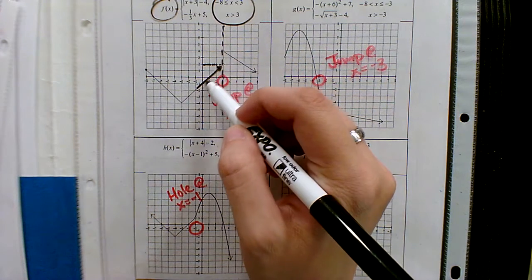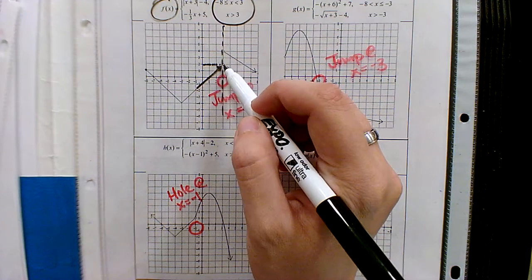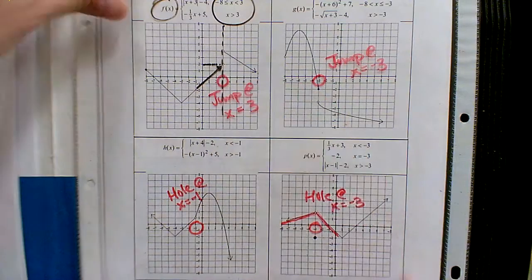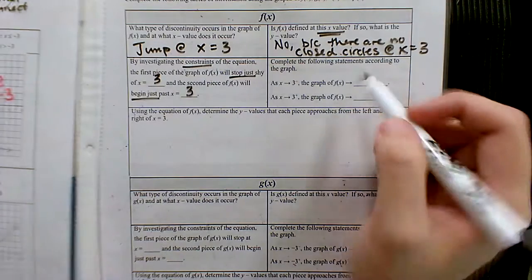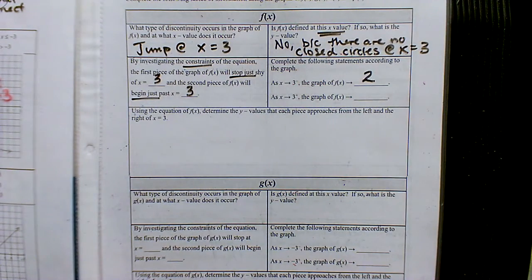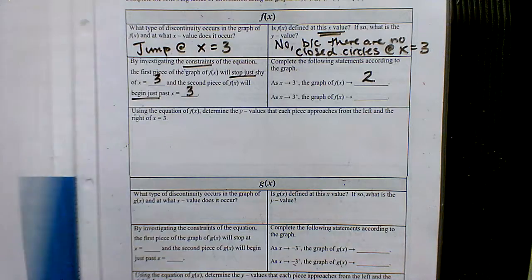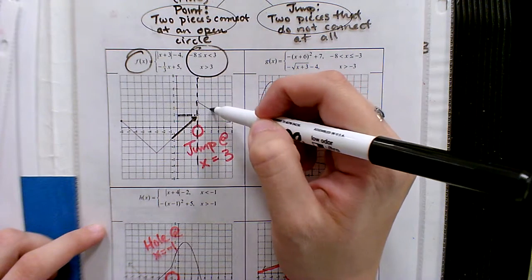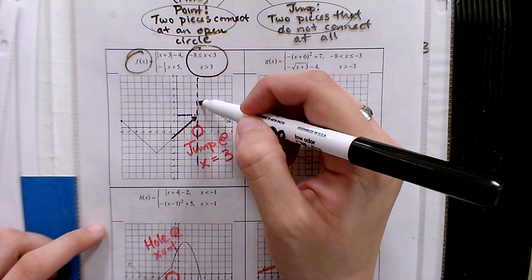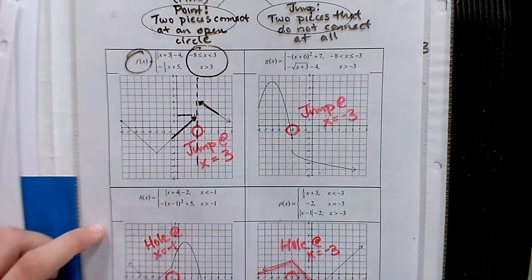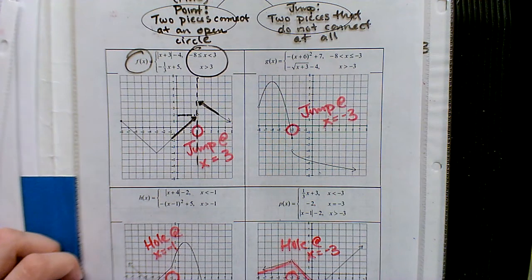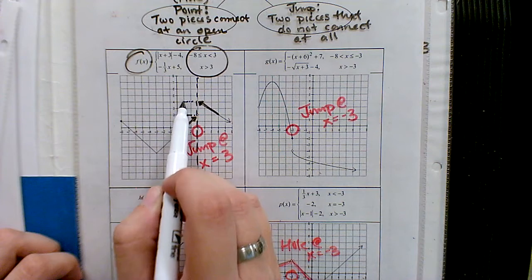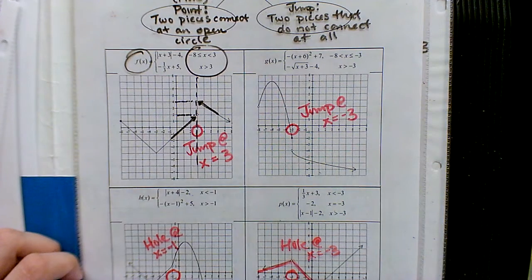If you trace the left-hand side, you're getting closer and closer to that open circle, which has a height of 2. Let's check out the right-hand side, okay? So trace the right-handed graph towards that x value of 3. What height are you getting closer to? 4.